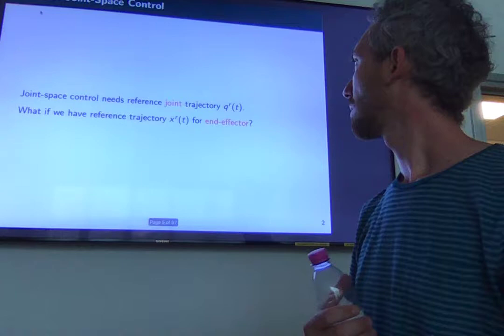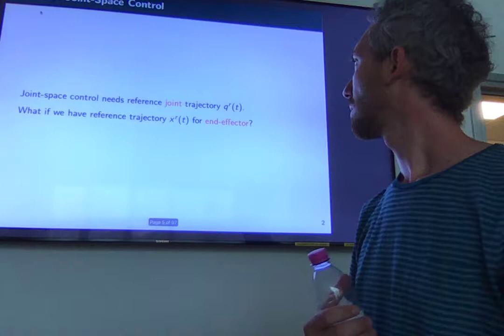Well, we know the relationship between the end effector position and the joint angles, so we can differentiate it. We get nu, which in this case I suppose is equal to x dot, because I'm supposing that x is simply the position of the end effector, not the orientation.